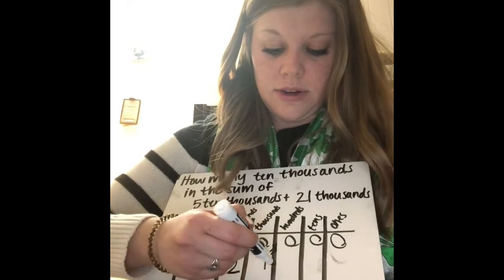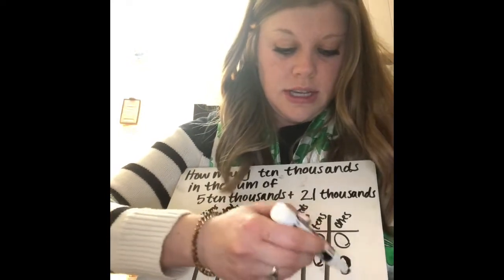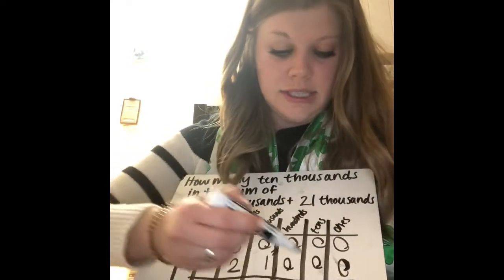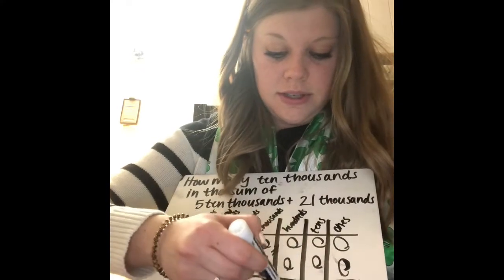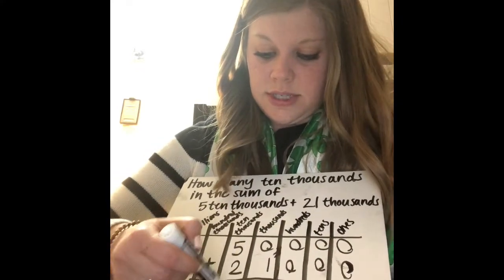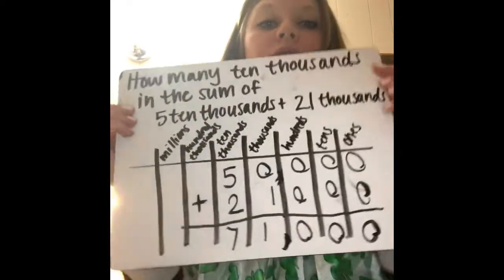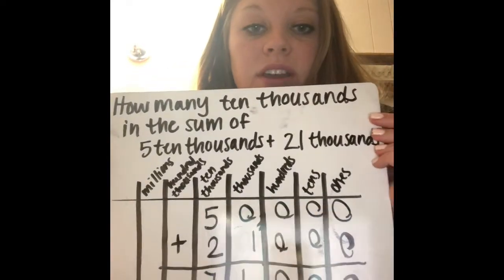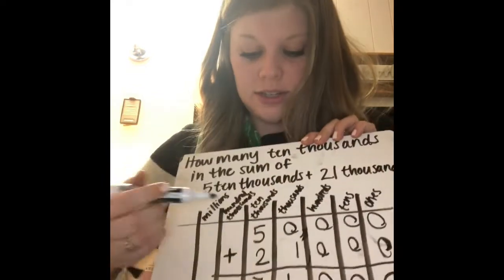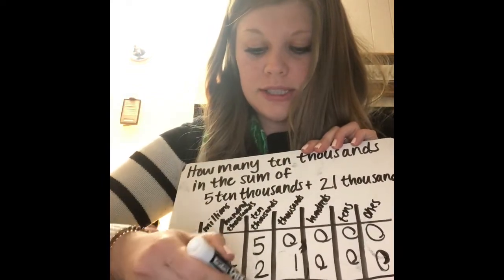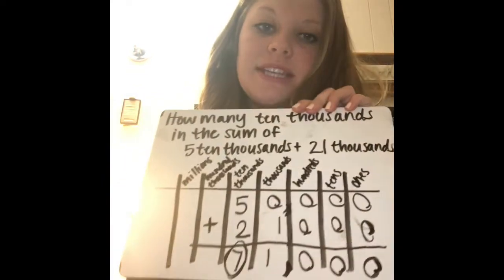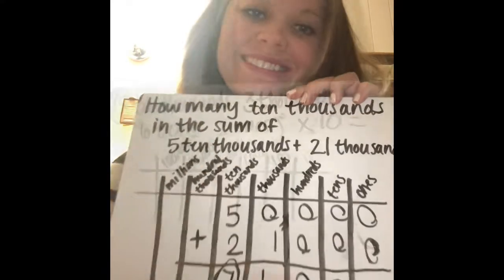So we shift that over and then fill in our zeros here. And then we can add these together to get our sum. 1, 7. And you get 71,000. So how many 10,000s are in this number? In our answer, if we go to the 10,000s place, we have 7 10,000s.